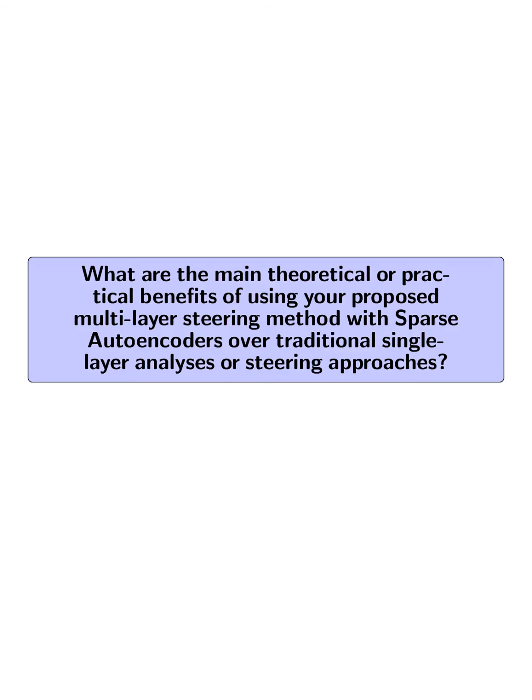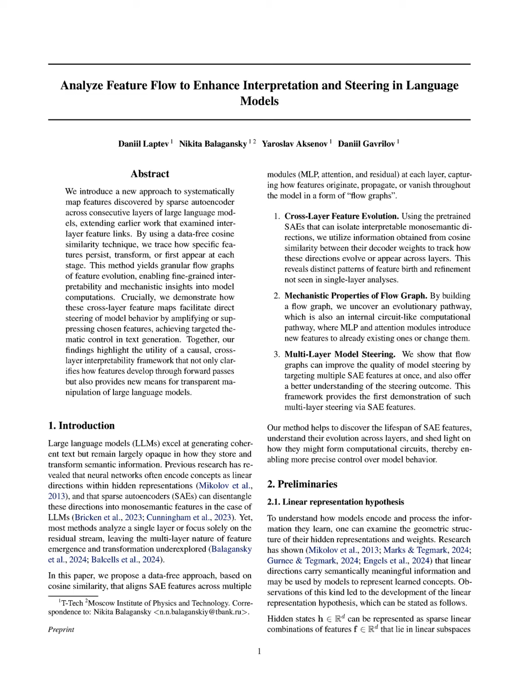What are the main theoretical or practical benefits of using your proposed multi-layer steering method with sparse autoencoders over traditional single-layer analyses or steering approaches? The proposed multi-layer steering method with sparse autoencoders, SAEs, offers several theoretical and practical benefits over traditional single-layer analyses.